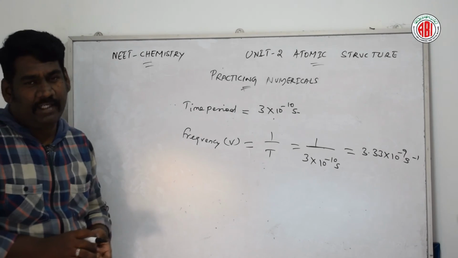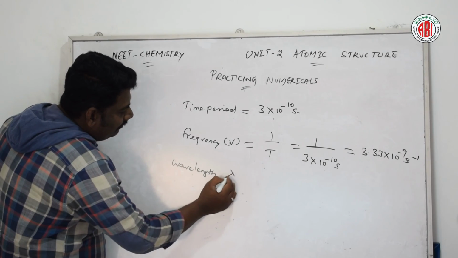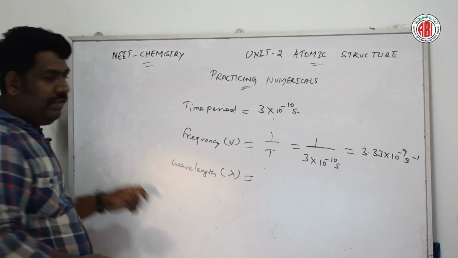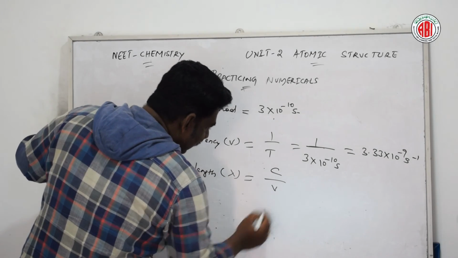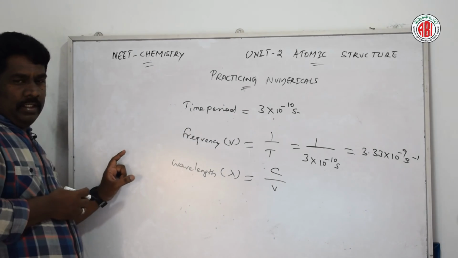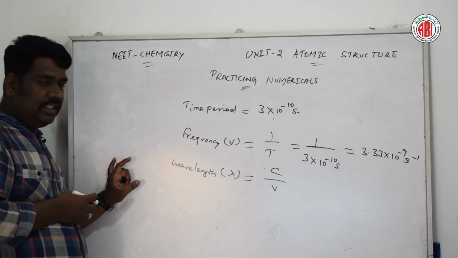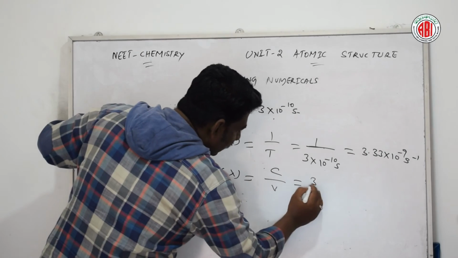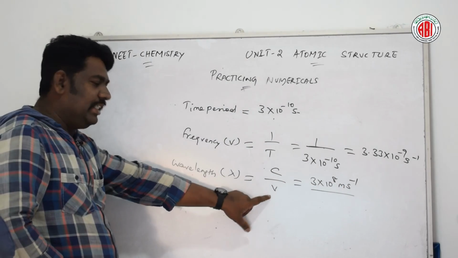Now let us find the wavelength. That is lambda. We have a formula for wavelength, that is speed of the light by frequency. Speed of the light is 3 into 10 to the power of 8 meter per second, by nu, that is frequency.